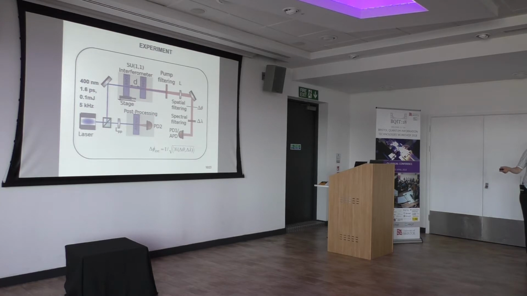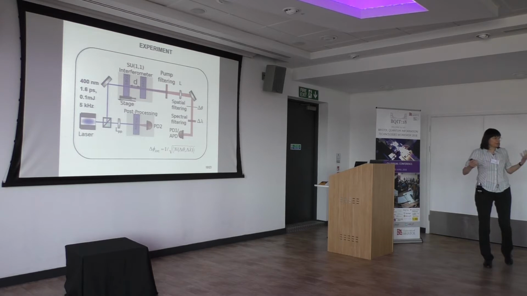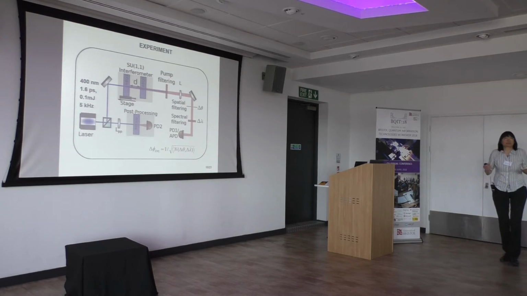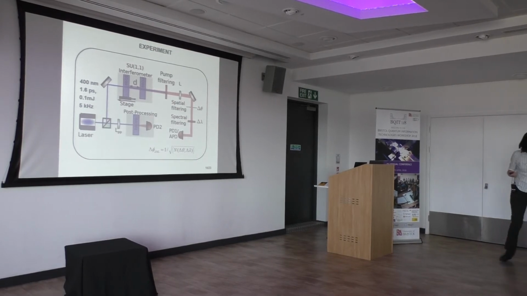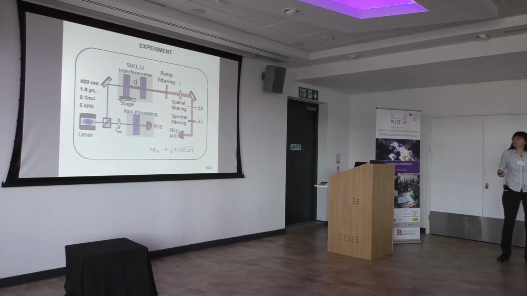After rejecting the pump beam, we did filtering. This is important because parametric down conversion has, in principle, an infinite spectrum in angle and in frequency, and one can't just collect everything. So we had to do filtering. We put a lens and an aperture in the focal plane of the lens, and then we put spectral filtering, a band pass filter.